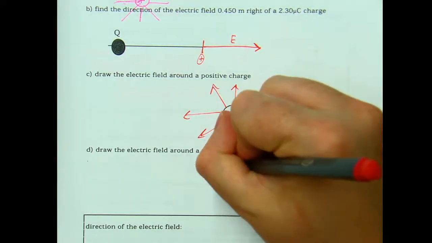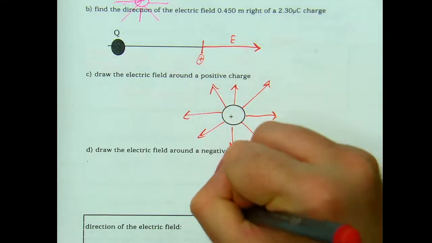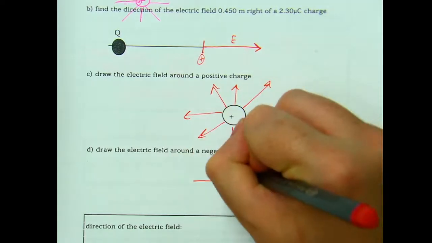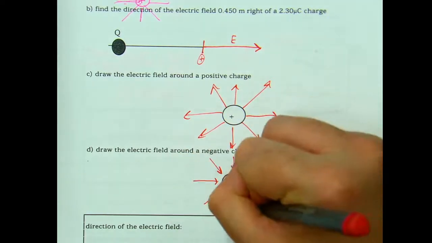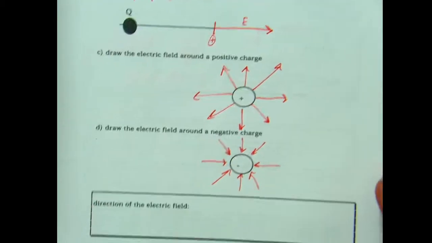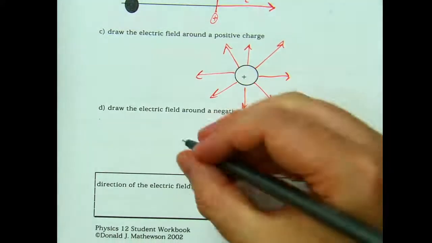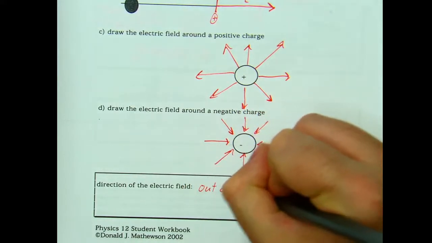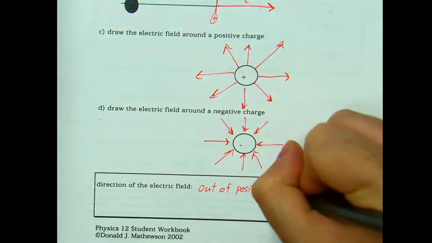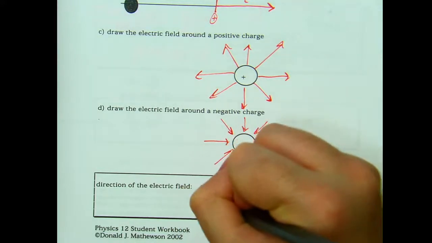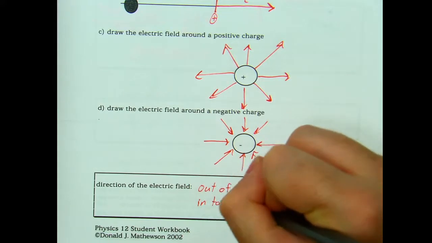That means the electric field has to be going into, by our definition, negative objects. So direction of electric field: out of positive charge, into a negative charge.